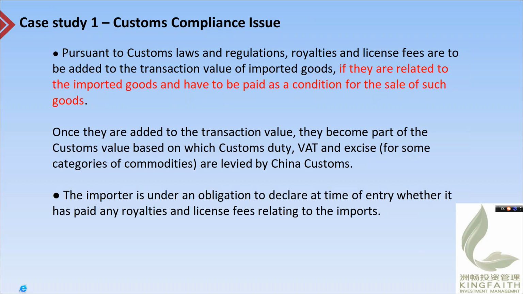I just want to develop a few more points on this part. Actually, the provisions are quite clear, but at the same time, they are also quite abstract. As you can see on my slides, the provisions are as simple as they may look, but if you go into it, it's actually quite abstract and quite obscure, especially with respect to the judgment of whether royalties and license fees are related to the imported goods and paid as a condition of the sale.